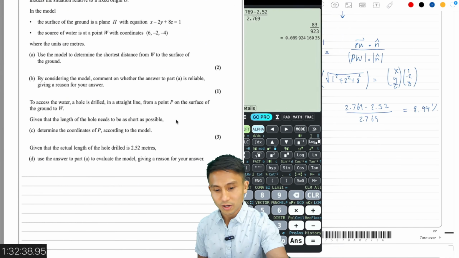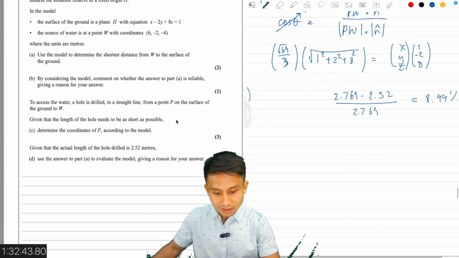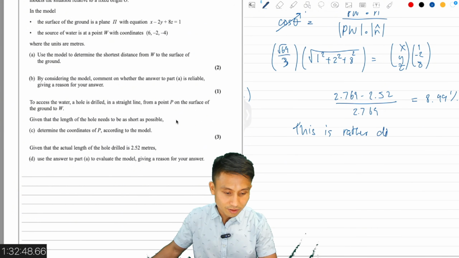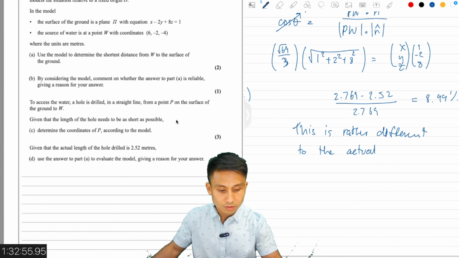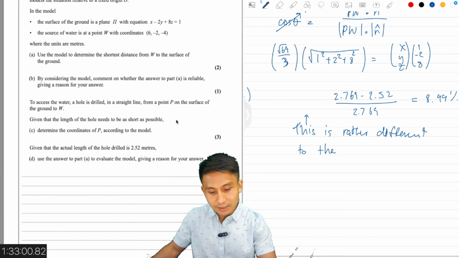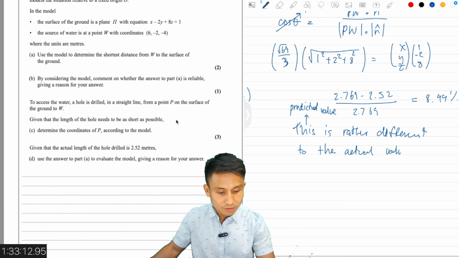8.99%. Well, I would say that's quite far off. It should be within 1%. This is rather different from the actual value; this in this case is the predicted value.